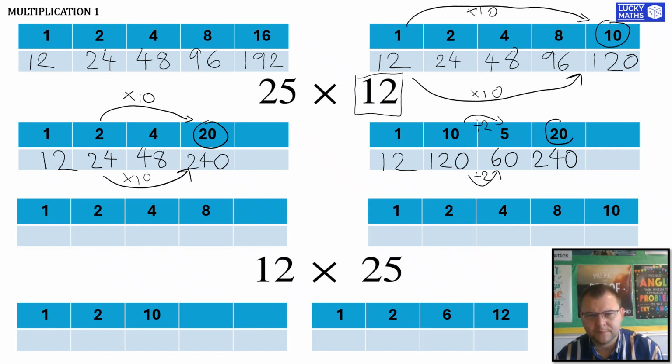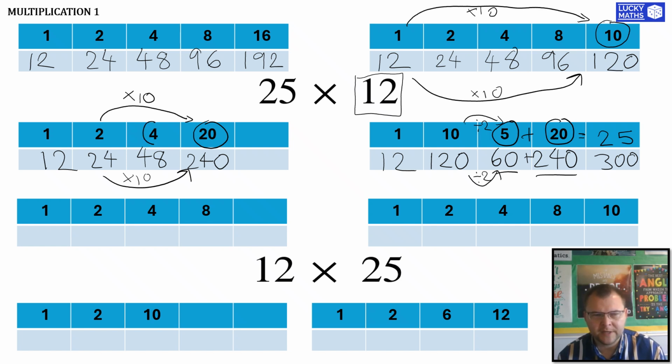And that's because the last example is probably more obvious to see the answer. If we take our 20 lots of 12 and our 5 lots and add them together, we'll get 25 lots of 12. So 240 plus 60 makes 300, meaning 25 lots of 12 must be 300.